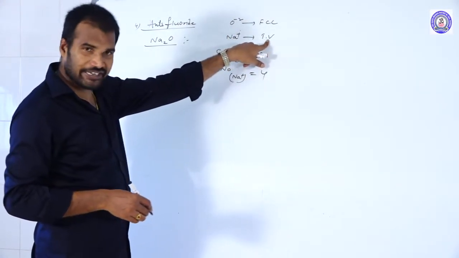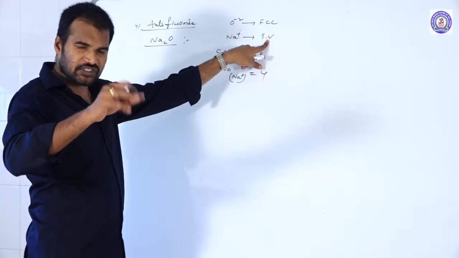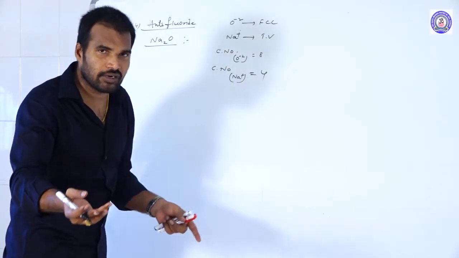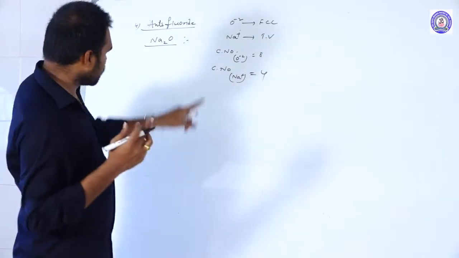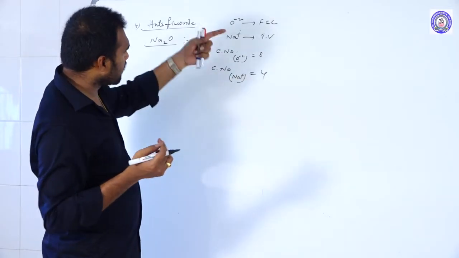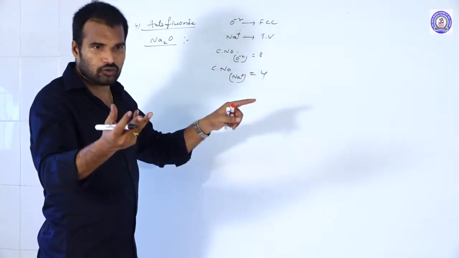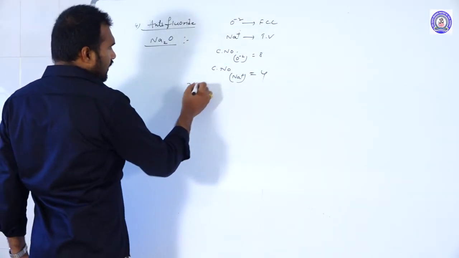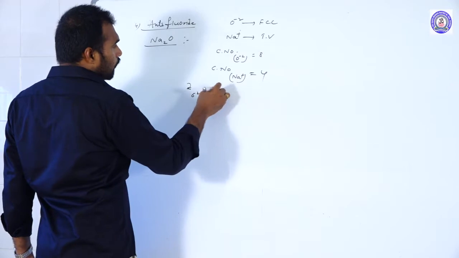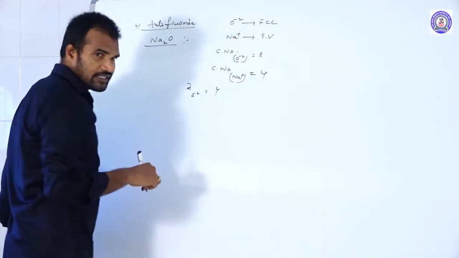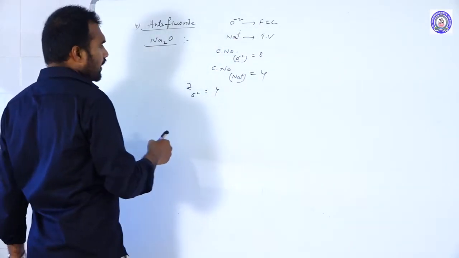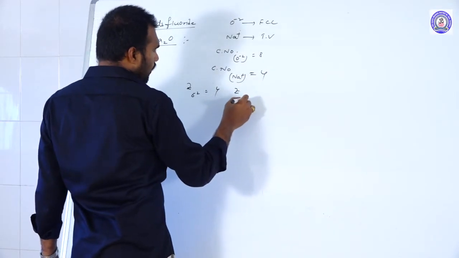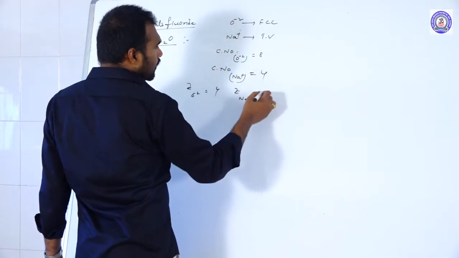Because Na plus is occupying tetrahedral voids. The species involved in tetrahedral voids has coordination number 4. So Na plus coordination is 4, but the coordination number of the other ion will be double that, that is 8. Clear? Next, the effective number of O minus 2 will be 4, because O minus 2 forms FCC. And the effective number of Na plus will be 8.